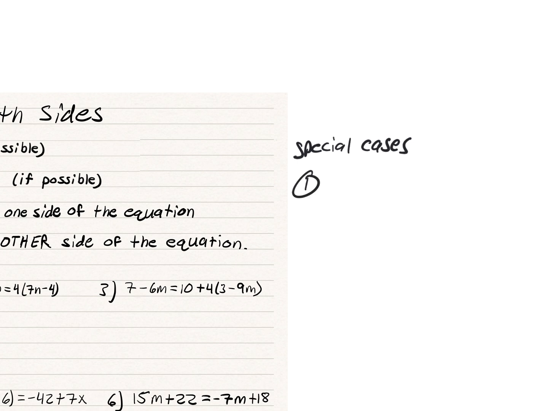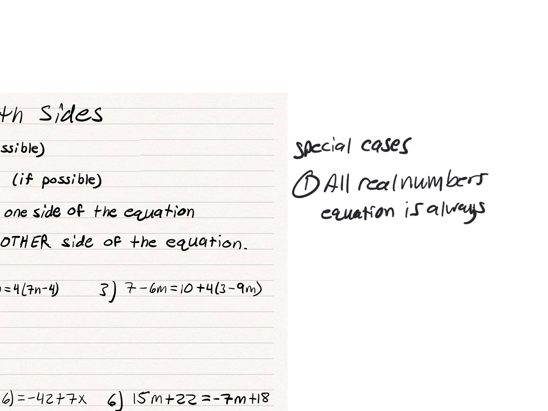The first one is going to be all real numbers, and this is if the equation is always true. And you'll see what I mean when we get to that question. So the equation is always true. And then the second special case is no solution. And this is if the equation is false.